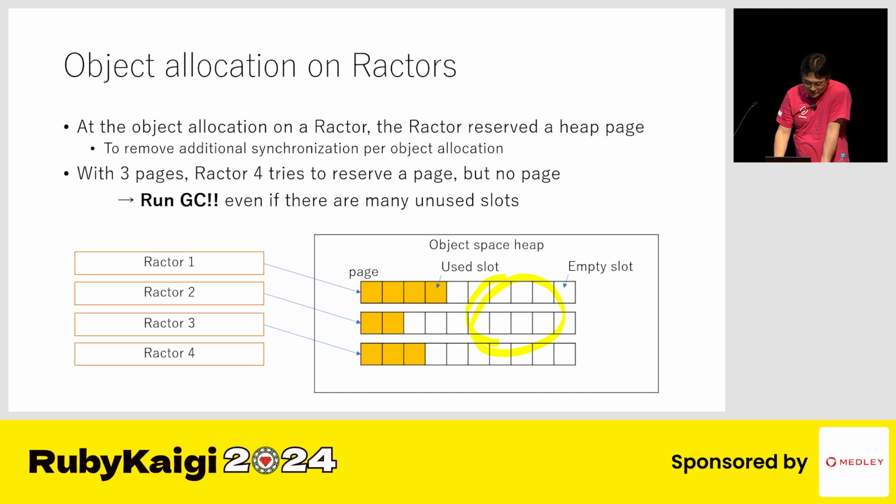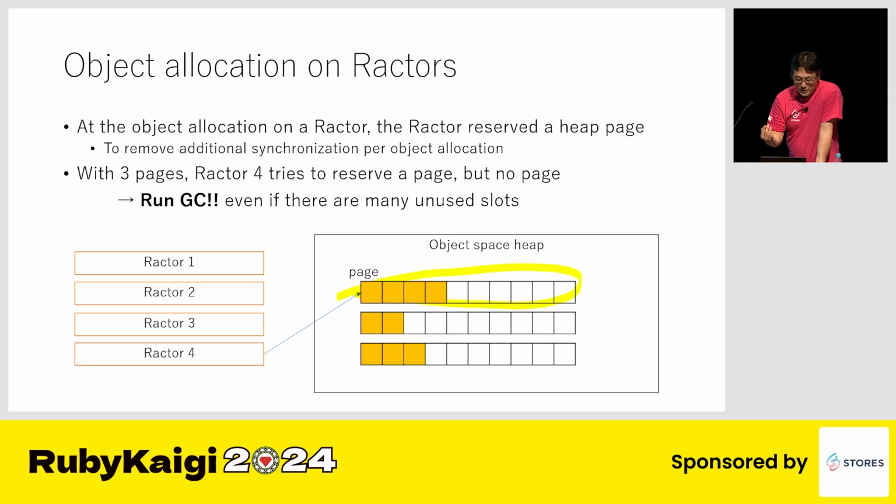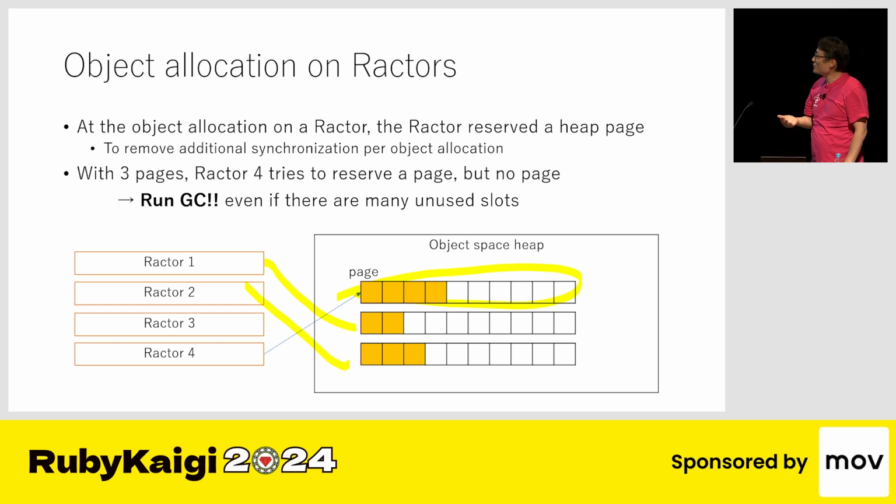But here there are no other pages, so we run garbage collection and allocate this page for Ractor 4. Then Ractor 1 wants to allocate a page, and Ractor 2 allocates another page. And Ractor 3 needs to allocate a new object, but there are no pages, so we need another garbage collection.